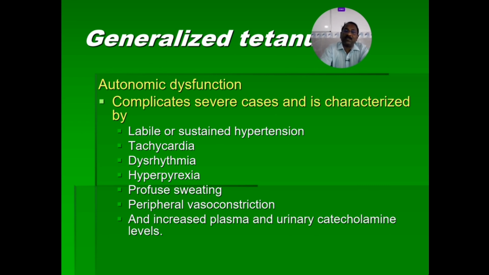Once the patient has autonomic dysfunction, it is a very severe tetanus, with labile or sustained hypertension, so the blood pressure will fluctuate very high. There will be tachycardia, the heart rate about 160, 180, 200. There will be tachyarrhythmias, hyperreflexia, profuse sweating, peripheral vasoconstriction, and increased plasma and urinary catecholamine levels. So these are all the features of autonomic dysfunction.